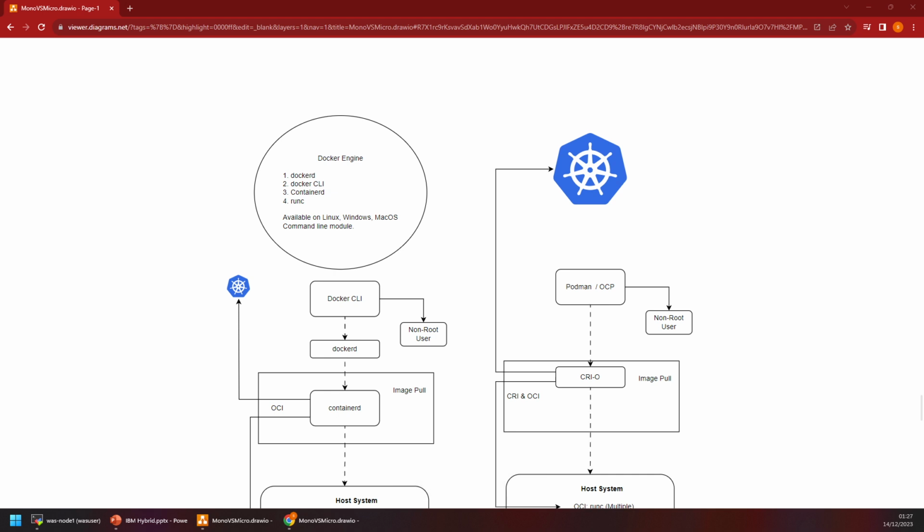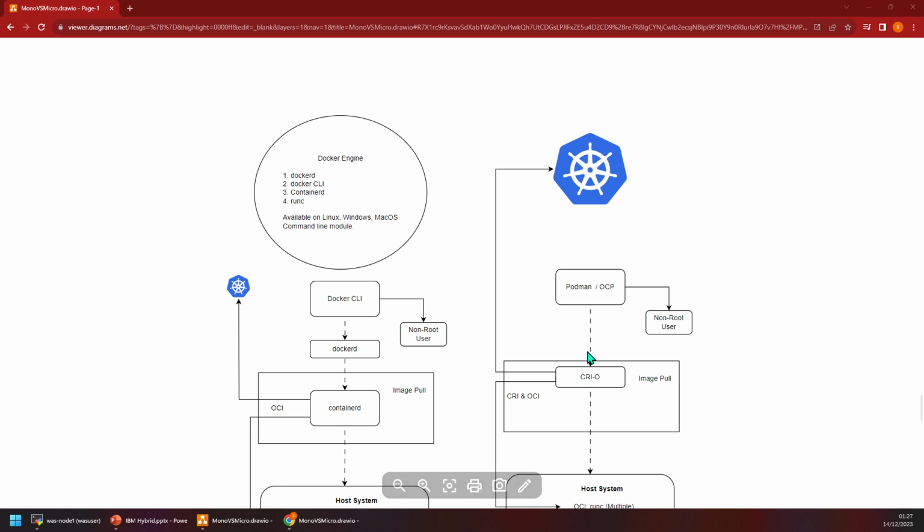First, let's look at CRI-O's advantages. CRI-O is Kubernetes focused. It is purpose built for the Kubernetes environment. It is designed to be a lightweight, minimalistic container runtime that integrates seamlessly with Kubernetes using the container runtime interface, CRI.